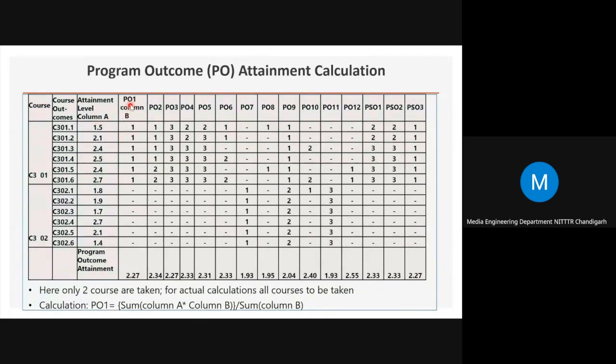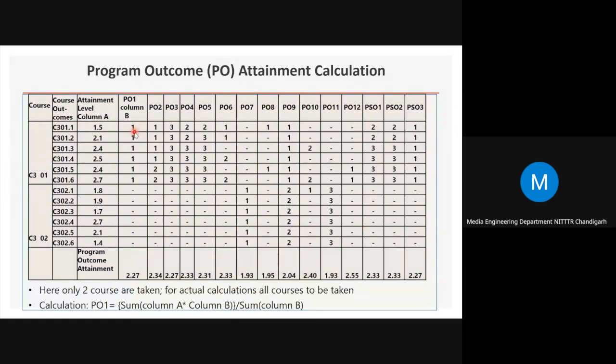Now you can see here PO1, PO2, PO3 up to PO12, then PSO1, PSO2, PSO3, 3 PSOs. These are the PO columns as well as PSO columns. The entries shown under these columns are the CO-PO mapping strengths, right?